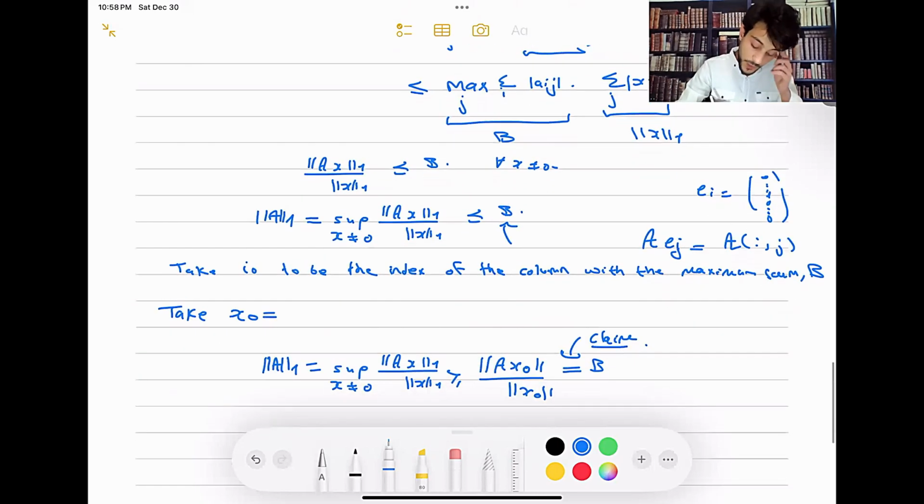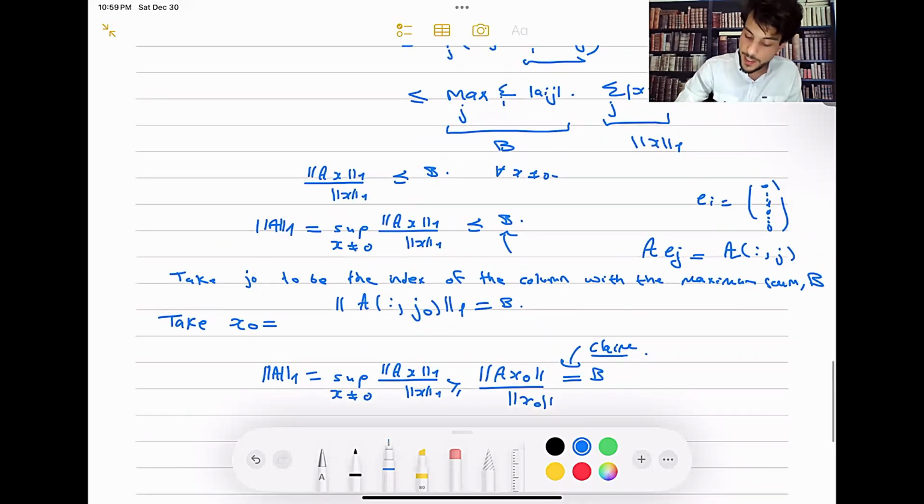Okay. So once we've done that, let's call it j0 for sake of notation. What we have is that the one norm of this is just B. And we've just noticed that if we hit A with e_j, then we get the jth column back.